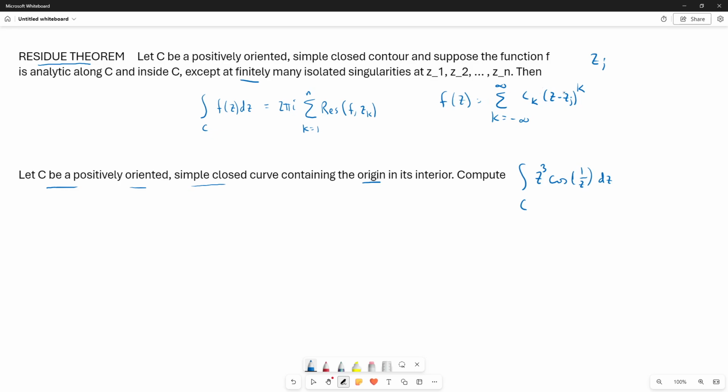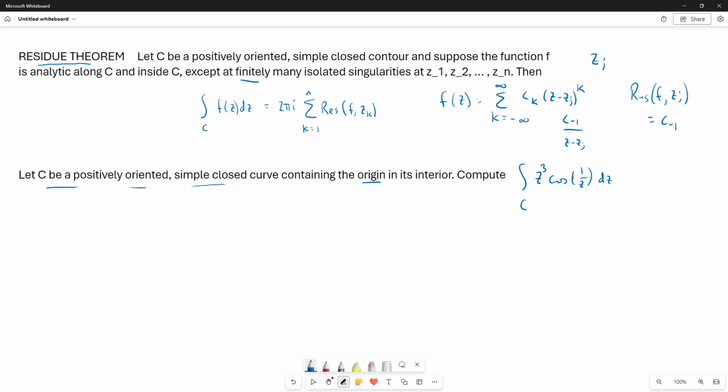Then the residue of f at zj is the coefficient c sub minus 1, when k is equal to negative 1. So the coefficient of z minus zj to the negative 1 power. A term that looks like this should be in this series. And this number, c sub negative 1, that coefficient, is called the residue of the function at that singularity.